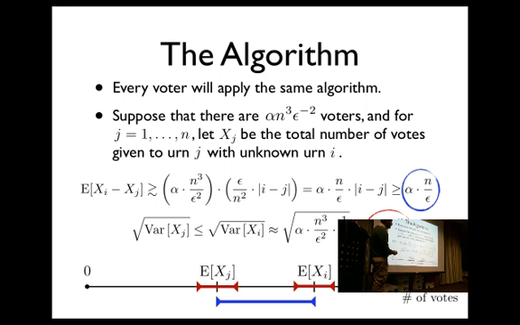And the reason is, look, I consider this lower bound, alpha times n over epsilon, but actually the lower bound was alpha n over epsilon times the absolute difference between I and j, which means that, say, if the right urn is I, then I plus 1 and I minus 1 are kind of close to urn I in expectation, but as long as you go to I plus 2, I minus 2, I plus 3, I minus 3, the expected distance will increase linearly. And therefore, you can only lose to the two urns that are closest to you. The ones that are far from you don't really matter. That's why you don't need the extra log n factor.